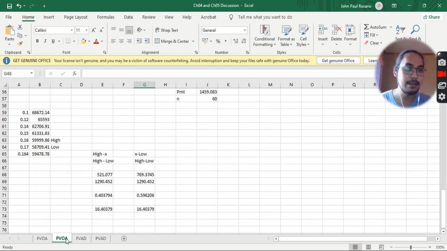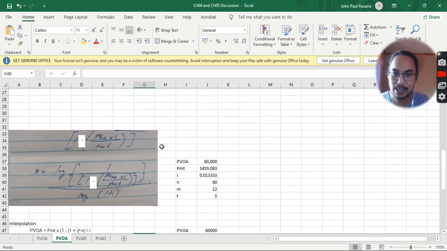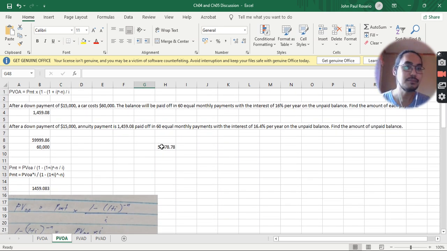Okay, for present value of ordinary annuity, what we have here is this. So the present value formula is like this.